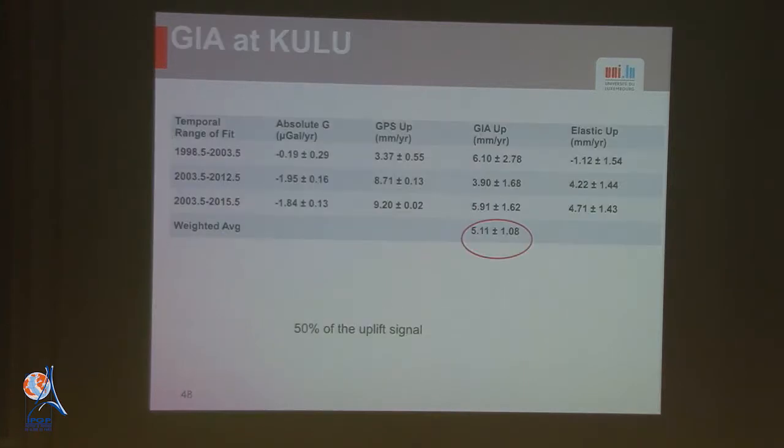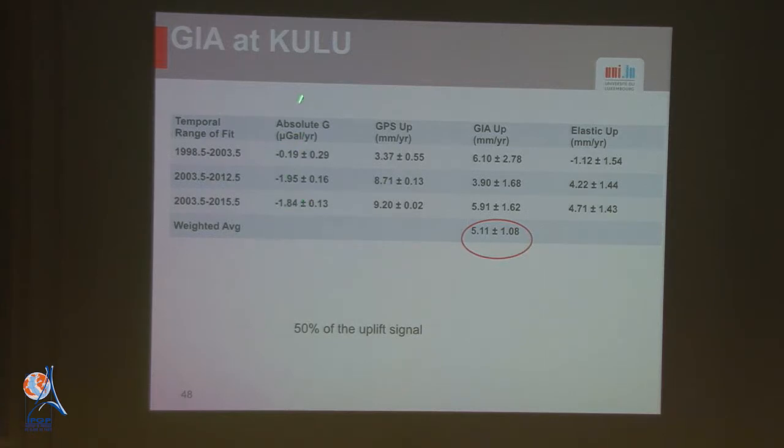So using our models that are outlined in the paper, we calculate absolute gravity and gravity trends for these periods here. Okay, so 1998 to 2003, 2003 to 2012, 2003 to 2015, where we have data.